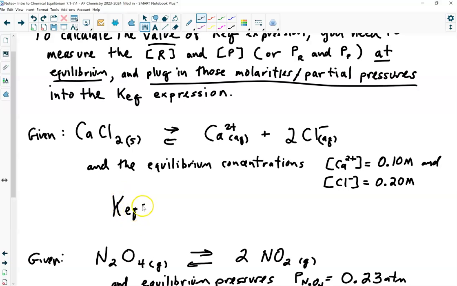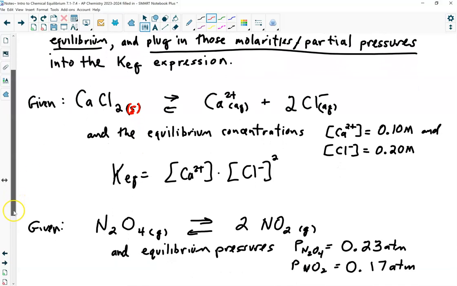So K_eq equals the concentration of calcium ion times the concentration of chloride ion, but you have to square it, okay? And then over 1 because this is a pure solid. Right? Well, then you would plug it in. I measured this concentration, and the concentration of calcium is 0.10 molar times the concentration of chloride.